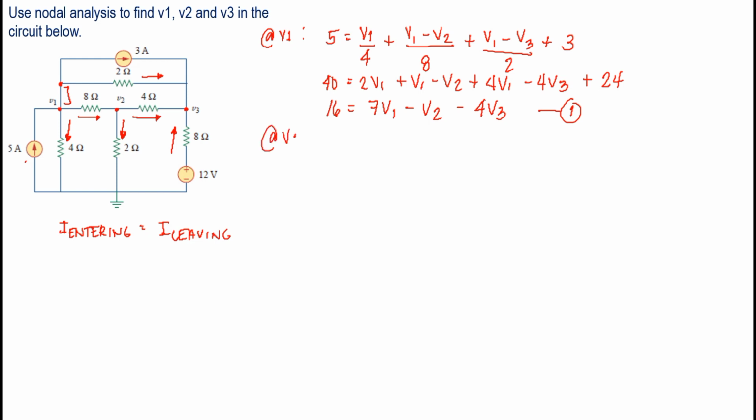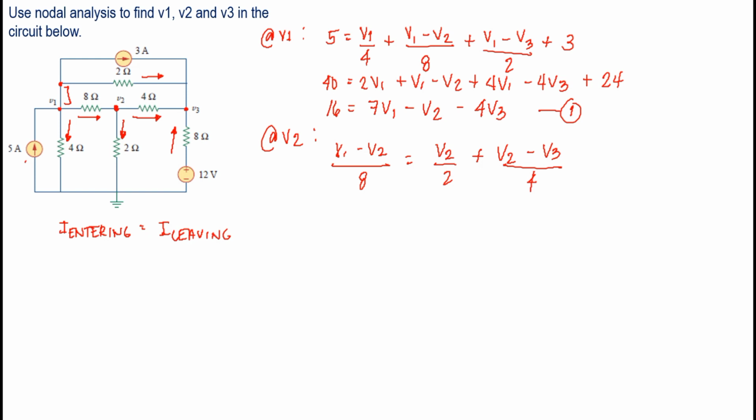Then for node V2, let's look at the node V2. The current entering the node V2 is V1 minus V2 over 8, equal to the current leaving, which is V2 over 2 plus V2 minus V3 over 4.